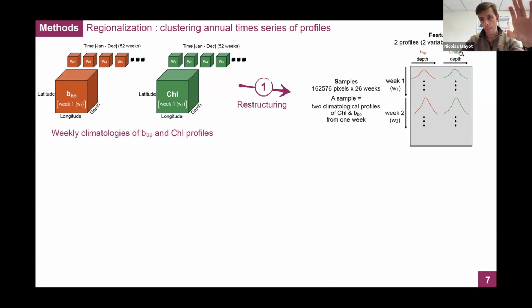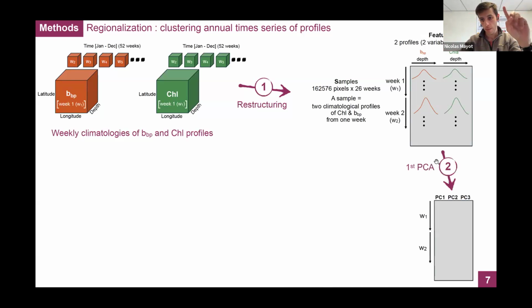Then I'm performing a first principal component analysis to try to synthesize information about the profile. So for each pixel and each week, I have 3 principal components, so 3 variables.